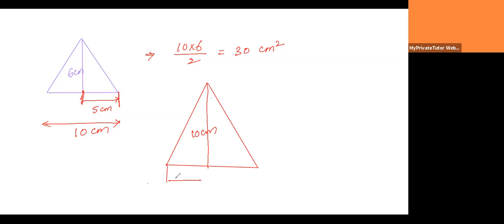This whole length would be 8 centimeters. So what is the area of this? Okay, 40 square centimeters is the correct answer. Which means I hope everyone understands how to find the area.